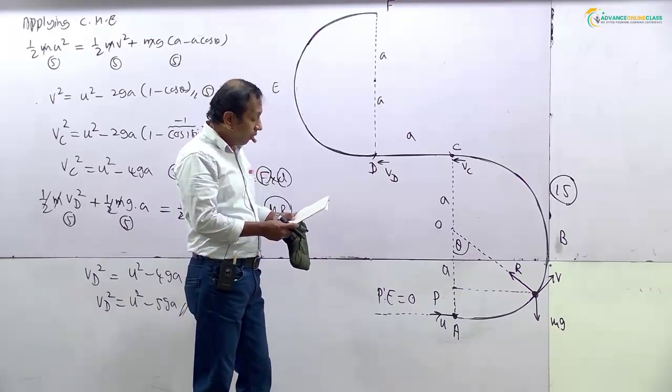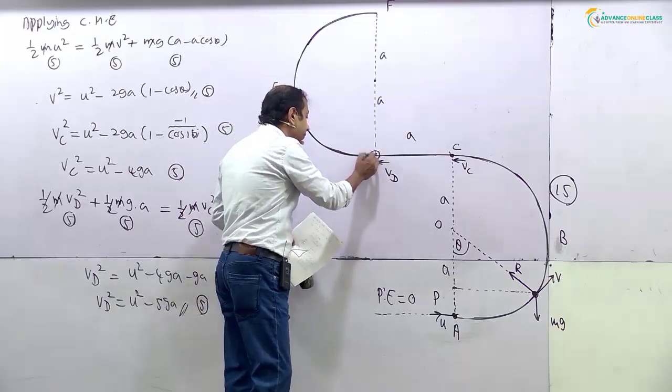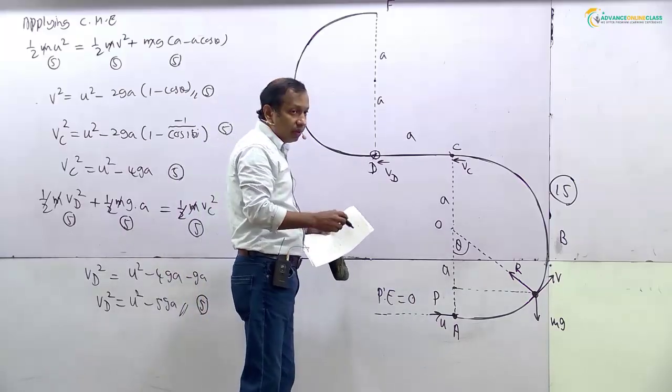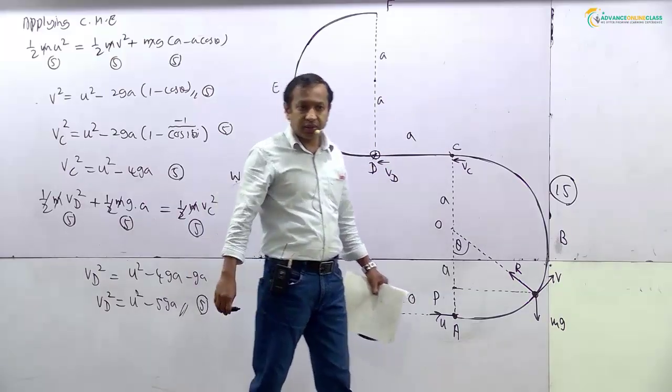So for the DEF motion of the particle, since we know the velocity here, I take the new potential energy zero level as the level DC. You can take it like that, but you have to mention that.